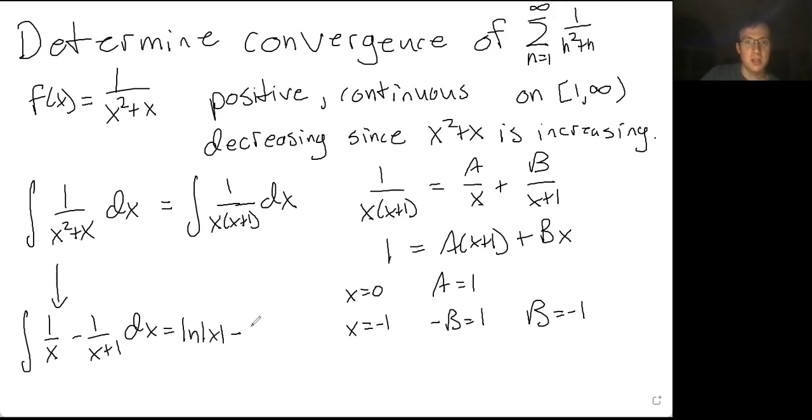Natural log of x minus the natural log of x plus 1. And for what we're going to do later, it'll be nice to combine this into a single logarithm, which we can actually do because we have logarithms subtracted. We can rewrite that as a single logarithm where we divide them.